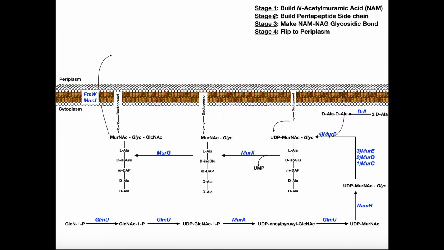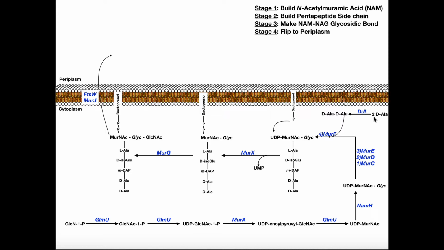The next step, stage 2, is to build the pentapeptide side chain. So this is going to occur with 5 enzymes, which makes sense because we're actually adding 5 different amino acids. So the first thing we actually have to do is we have to condense 2 molecules of D-alanine. Now notice this is not L-alanine.